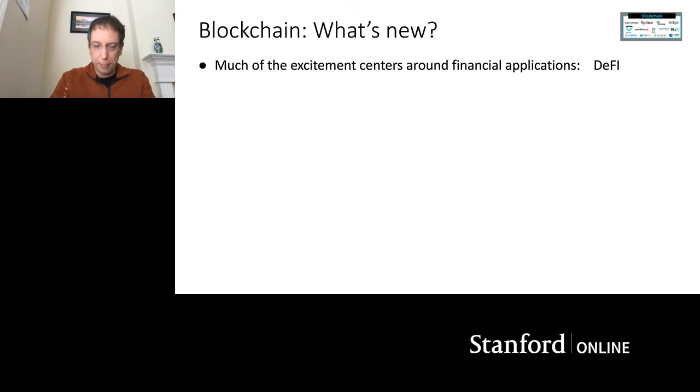So what is all the excitement about? Well, most of the applications for blockchains center around the financial space. These are financial applications. There are cryptocurrencies like Bitcoin that I'm sure you've heard about, but there's a huge space out there of decentralized finance applications. This is what's called DeFi, that is much broader than just Bitcoin, and provides a whole set of new economic tools, new financial tools that are available to anyone in the world to use, and these things simply didn't exist before.